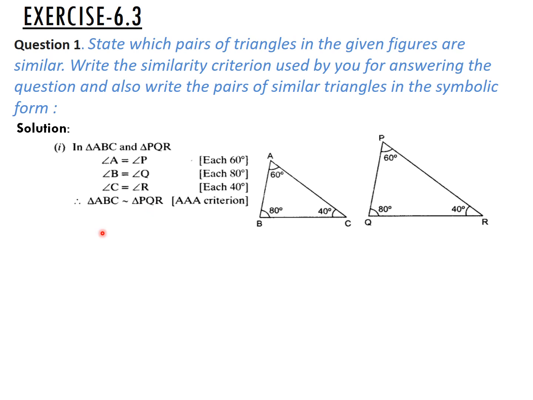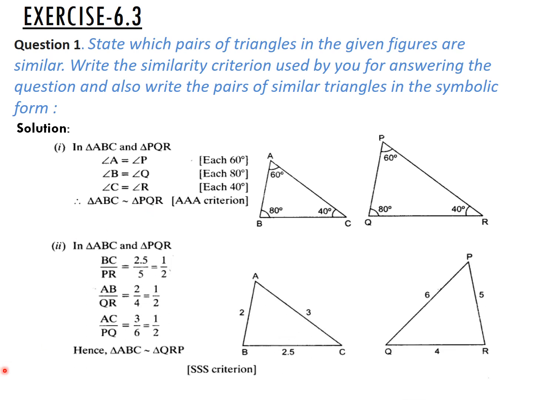In the next two diagrams, we can see that the angles are not given, but the lengths of the sides of the two triangles are given. In such cases, we will first write down the name of the triangles, triangle ABC and PQR, and try to find out the ratio or multiple of the sides.